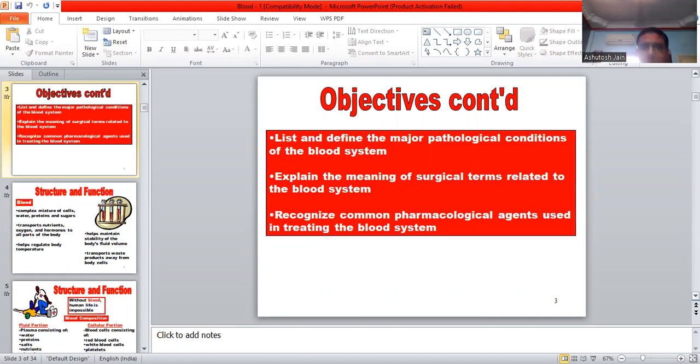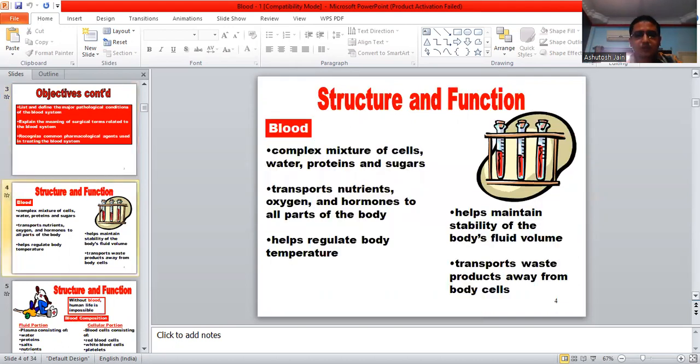Okay, my dear friends, so now moving forward, this was just in short about the objectives of this chapter. Structure and function. Blood is a complex mixture of cells, water, proteins, and sugars. It transports the nutrients, oxygen, and hormones to all parts of the body.